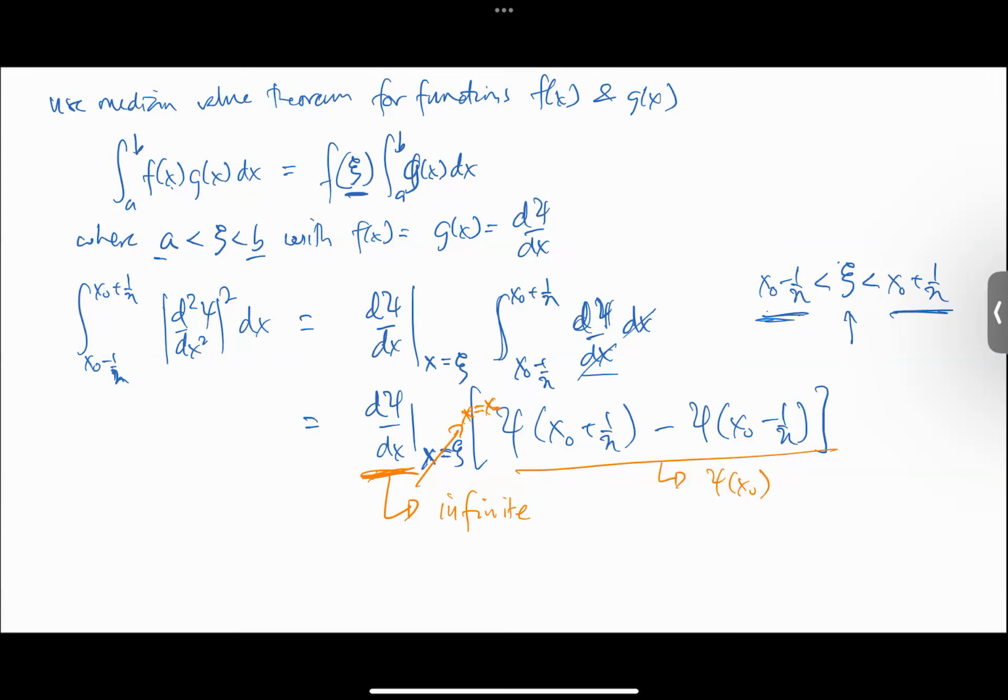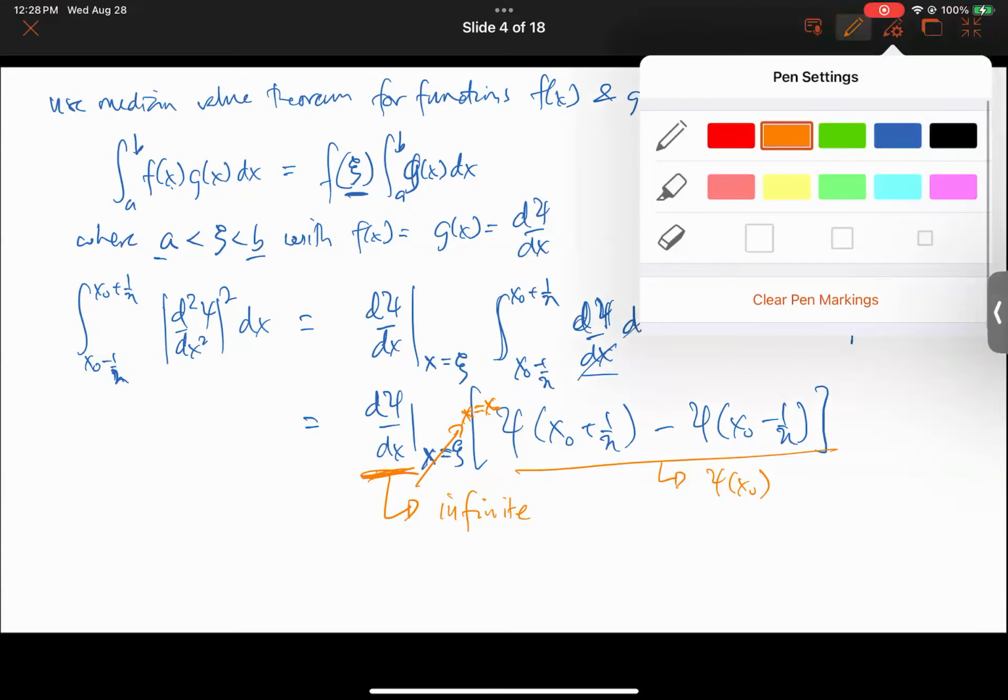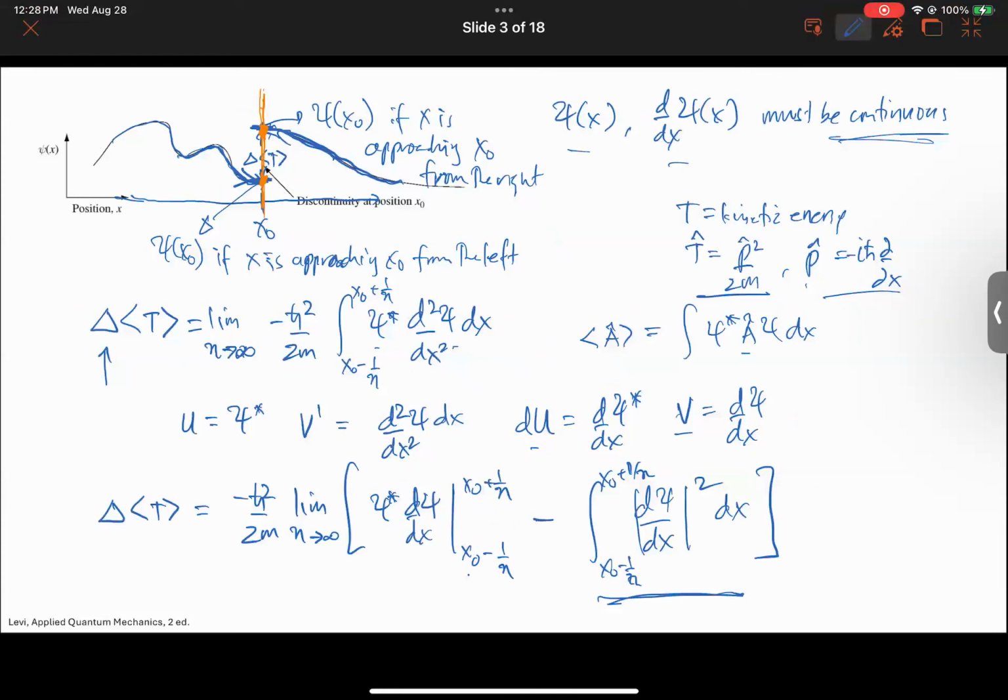Ang gusto nating sabihin dito is, if we go back to this equation, this integral here becomes infinite when we take the limit as eta approaches infinity. So yung change in kinetic energy approaches infinity. Now, physically, that doesn't make any sense, di ba? Kasi saan kukunin nung particle yung energy na yan?